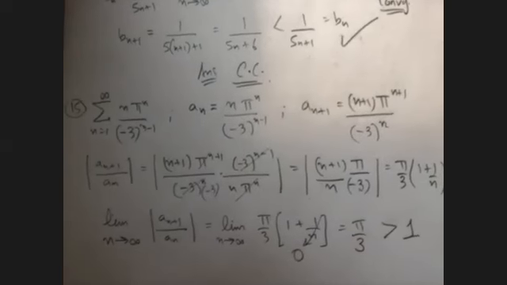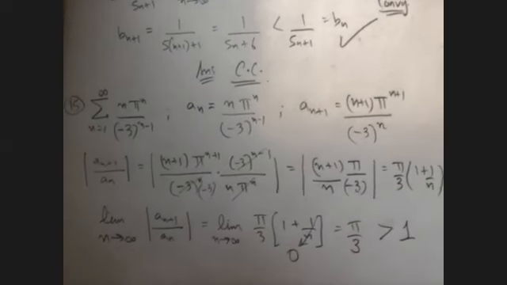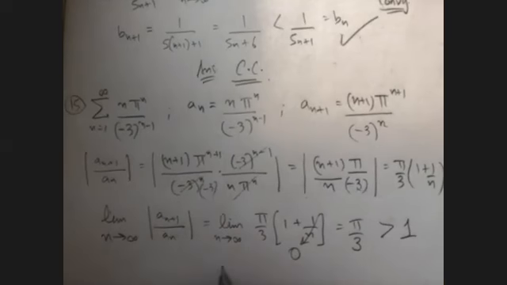This is pi over 3, and pi over 3 is greater than 1. So therefore, we conclude that the given series is divergent.